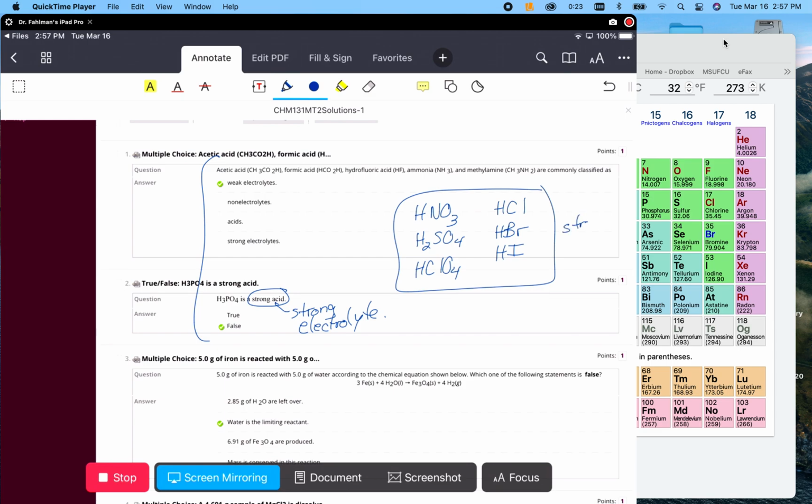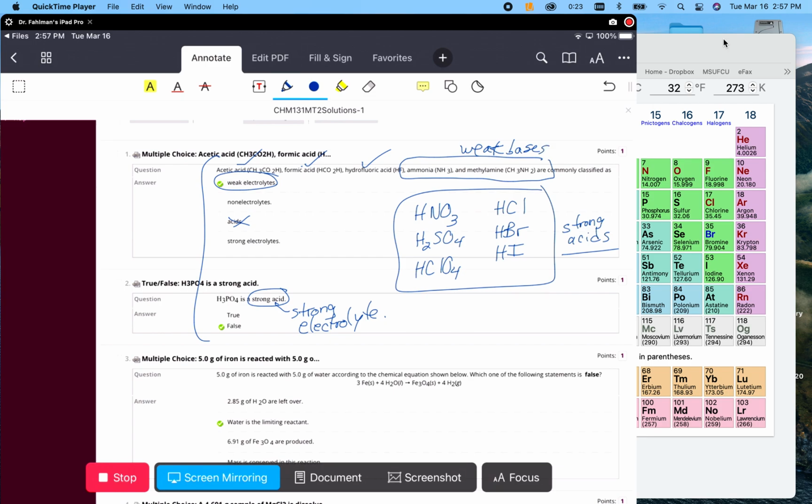So for this class, these are the only strong acids. So that one, that one, that one aren't on this list, so they're considered weak. Okay? And these ones, they're not all acids either, because these are weak bases.